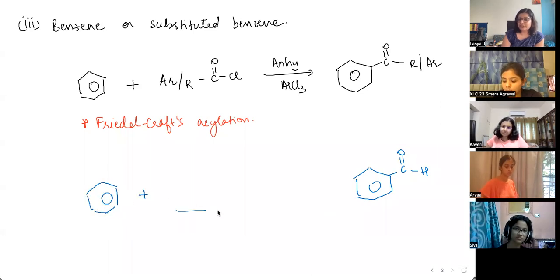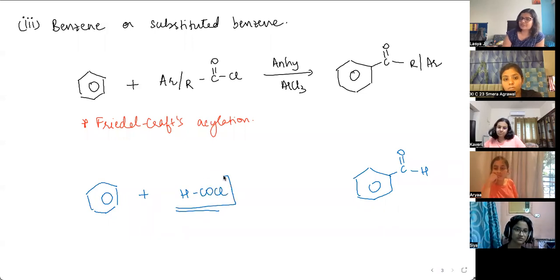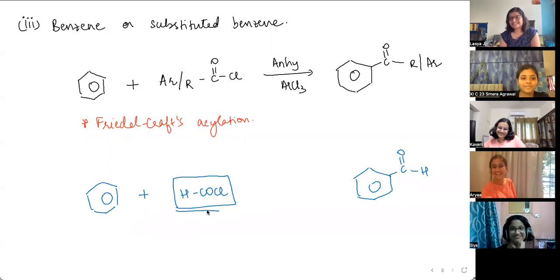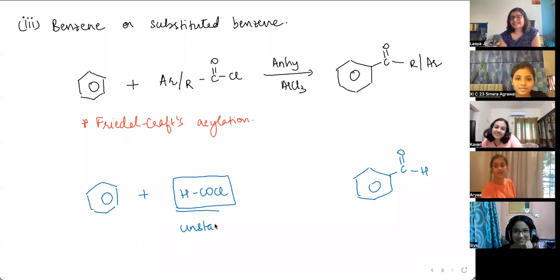What should you take along with benzene? HCOCl. That is correct. And what do you know about HCOCl? We just discussed it previously. Unstable acyl chloride. Yes, formyl chloride is unstable at room temperature.